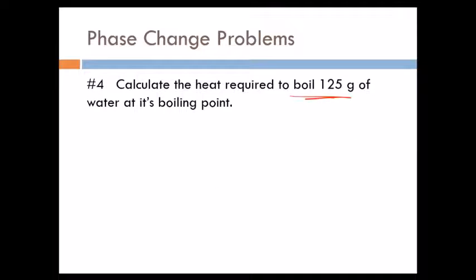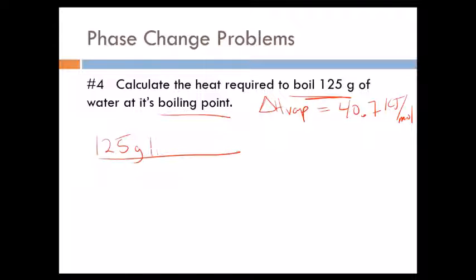Now this is for boiling. We're boiling, so in this case we want the heat of vaporization number, which I believe for water happens to be 40.7 kilojoules per 1 mole off of the table. So I'd still set it up exactly the same way. I'm going to change my grams of water to moles of water first, equals 1 mole of water.